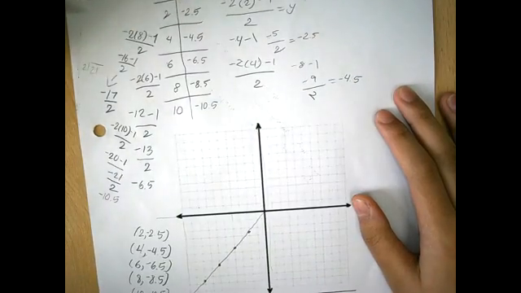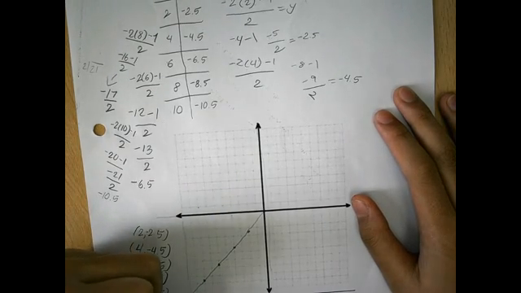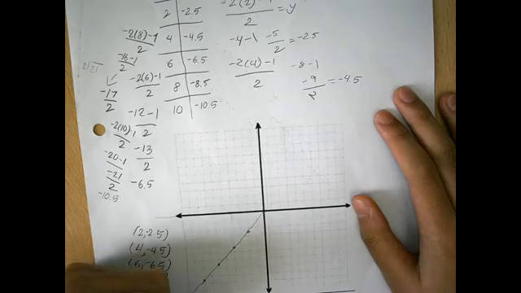Now we have to compute what the slope is. So the formula for the slope is y2 minus y1 over x2 minus x1.